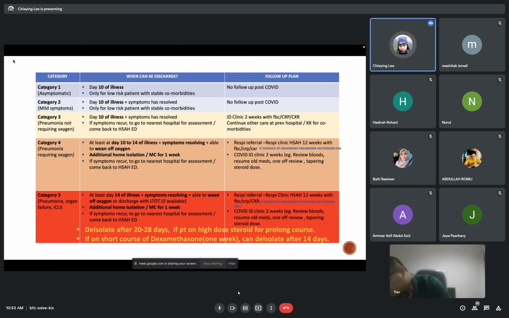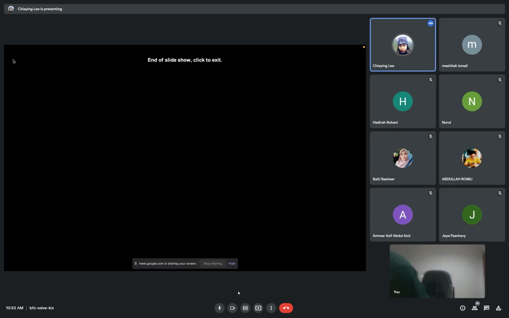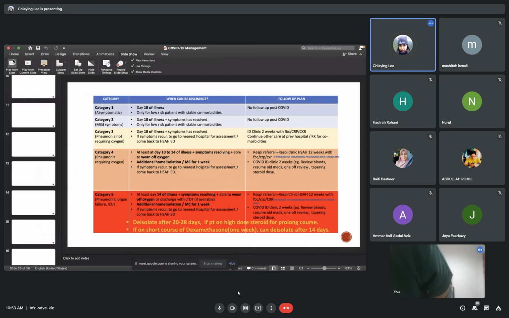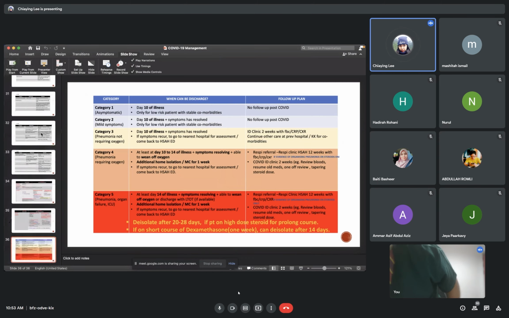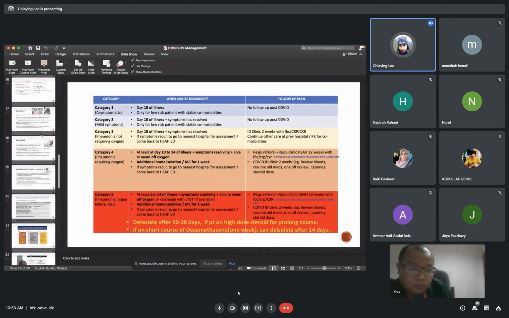And Cat 4, Cat 5, we can only discharge after day 14 of illness, after they resolve symptoms and are able to bring down oxygen. So we refer RESPI and ID to review. Okay. So basically, that's a rough idea on how we manage COVID patients.